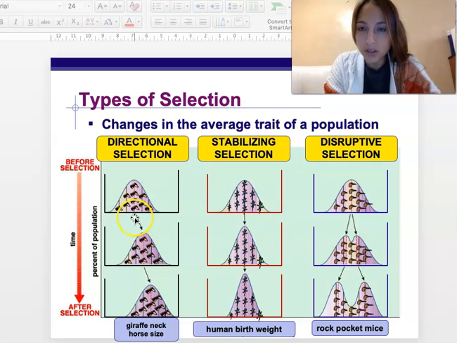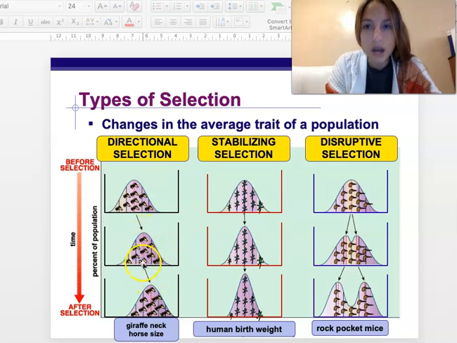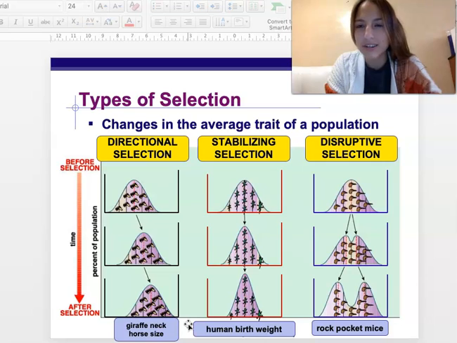So slowly, through generations, through time, more horses that are larger or more giraffes that have larger necks will be selected for, and eventually the entire population will move towards having a higher frequency of larger horses or longer necks in giraffes.